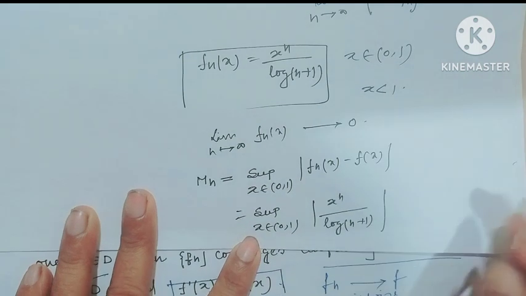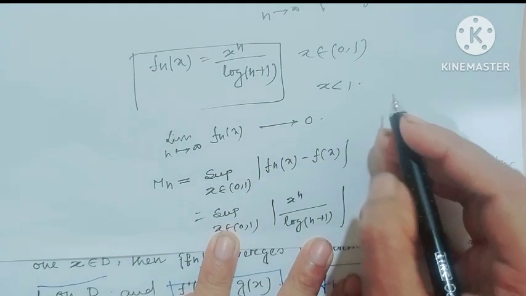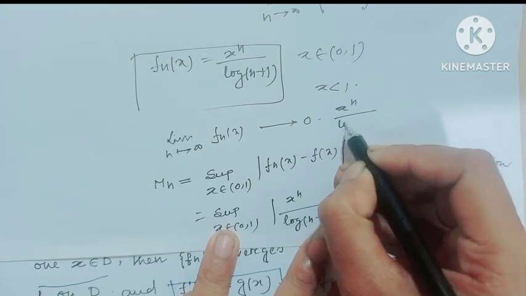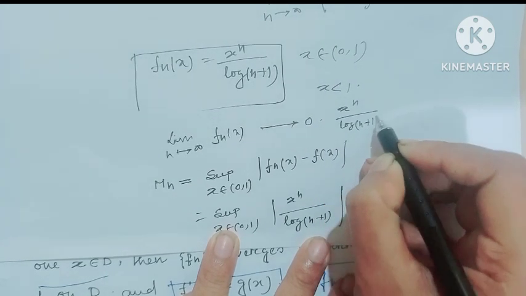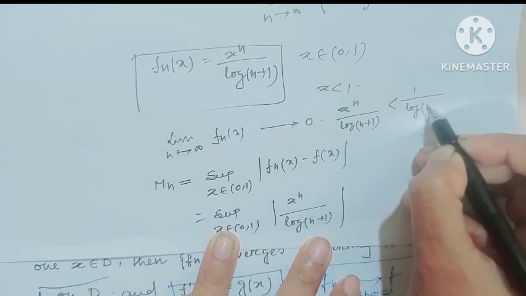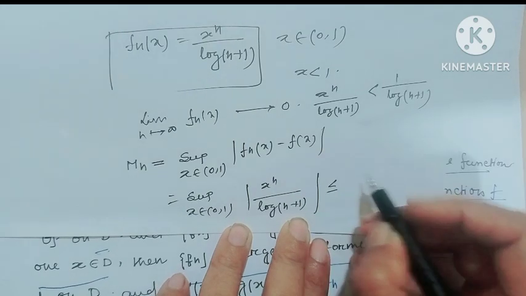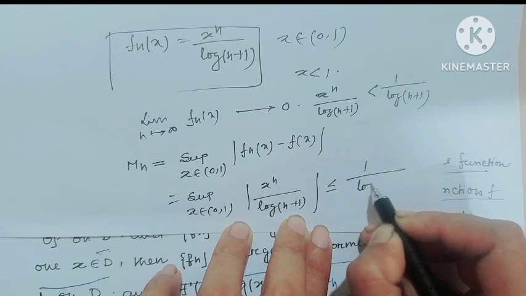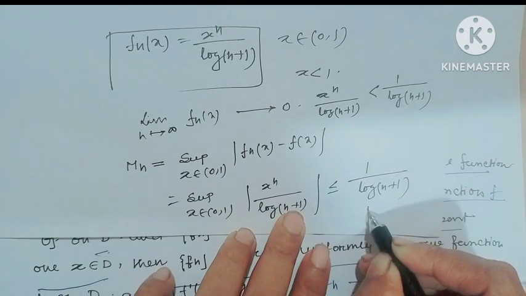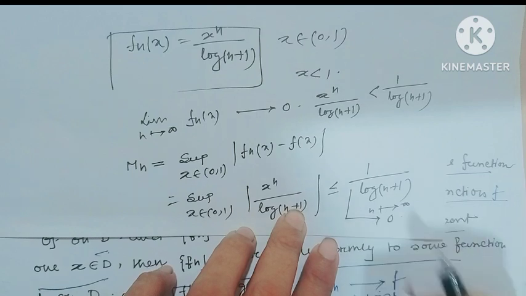Since x is less than 1, this value is less than 1 over log(n plus 1), and as n tends to infinity, this obviously tends to 0.